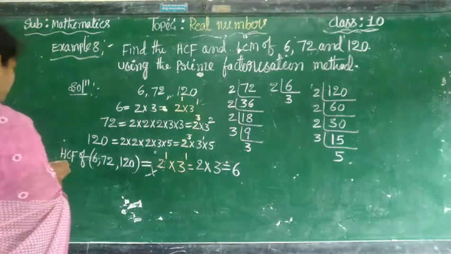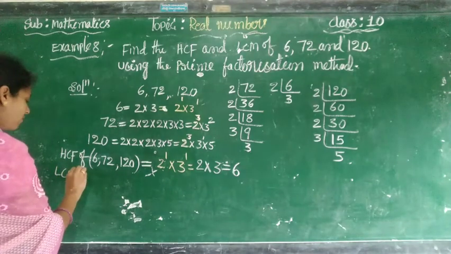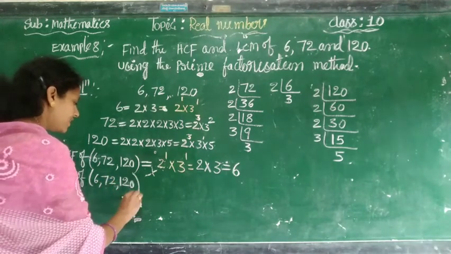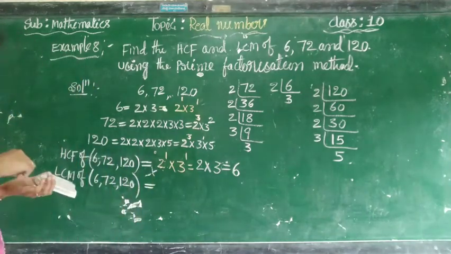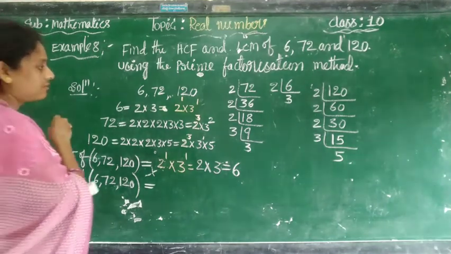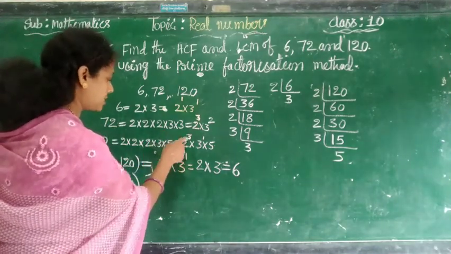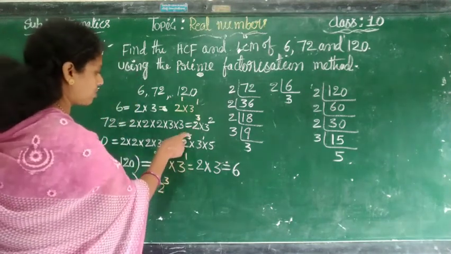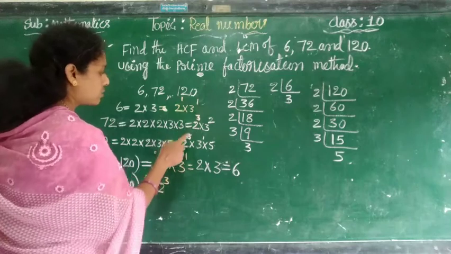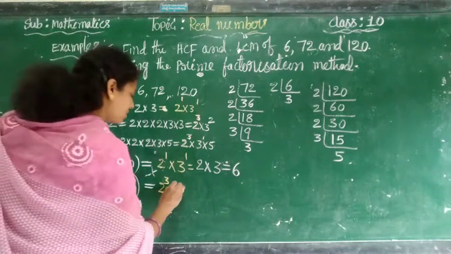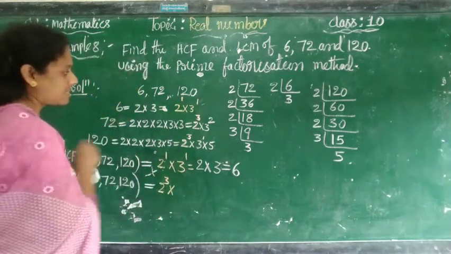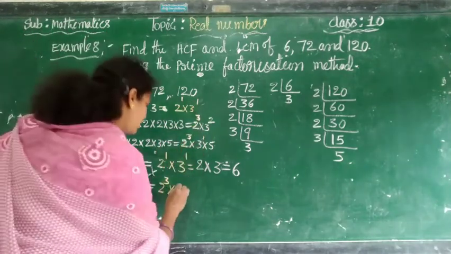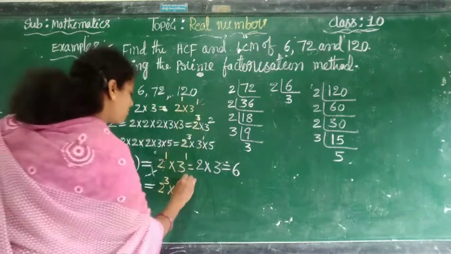Next one, the LCM of 6, 72 and 120 is equal to, so here we take the highest powers. Which one is the highest? Yes, 2 to the power of 3 is the highest power of prime factor 2, and among 3 to the power of 1, 3 to the power of 2 and 3 to the power of 1, yes, 3 to the power of 2.